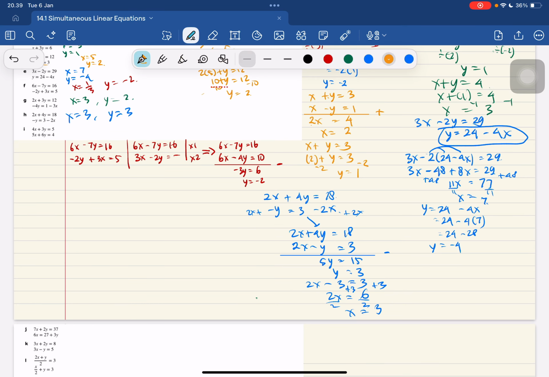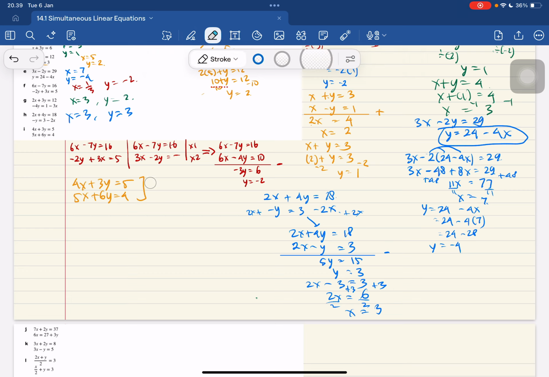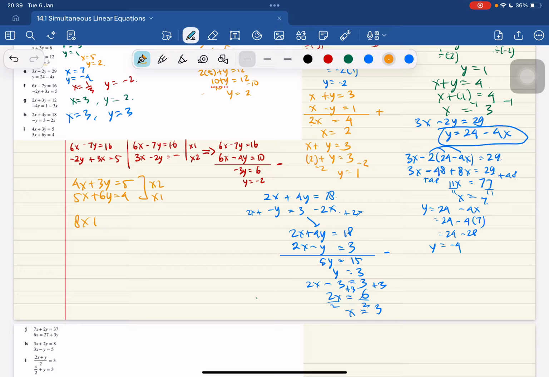So first we got 4x plus 3y equal to 5, and then 5x plus 6y equal to 4. Okay, they are totally different. So here we can just double the y to make it 6. So this we times 2, here times by 1. So 8x plus 6y equal to 10, while the second equation we keep the same.